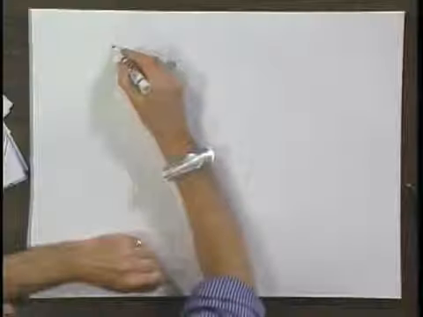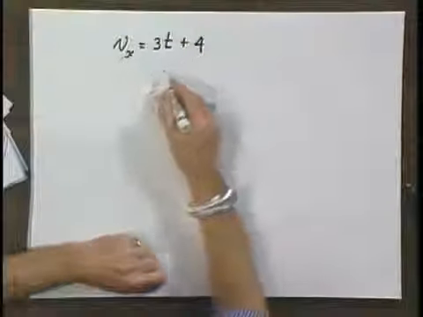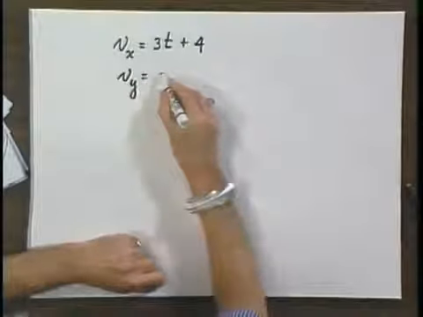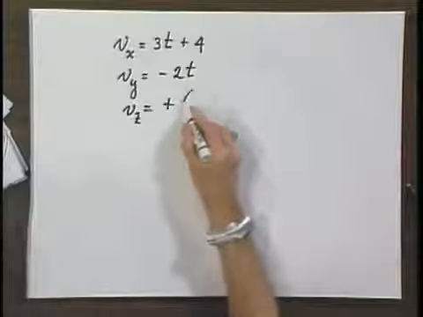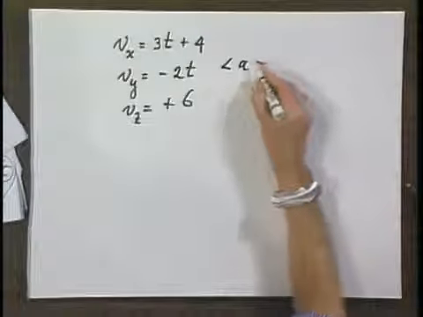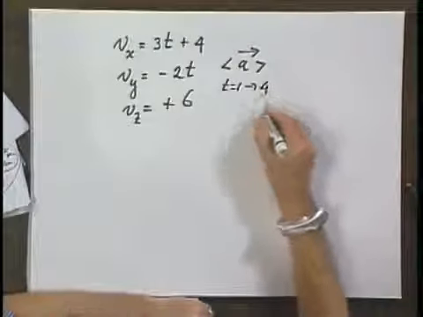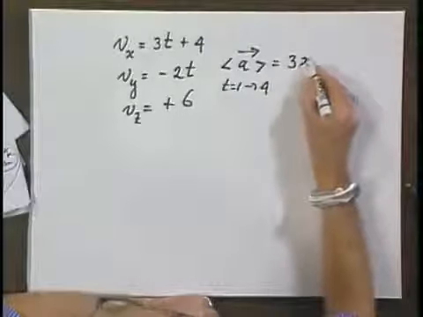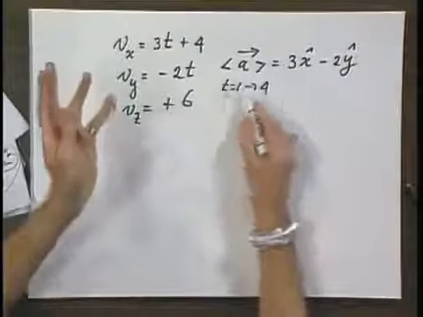And I would like to revisit something that I did earlier, whereby we had v of x equals 3t plus 4, v of y equals minus 2t, and v of z was plus 6. We calculated the average acceleration between time t equals 1 and time t equals 4. And what did we find? We found 3 x roof minus 2 y roof. And we picked these two times randomly.